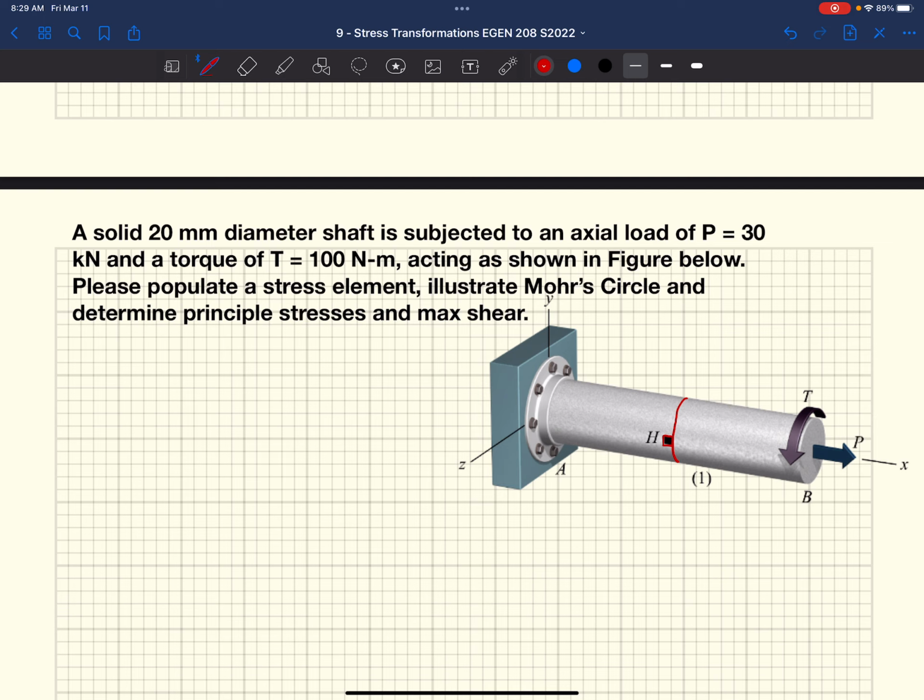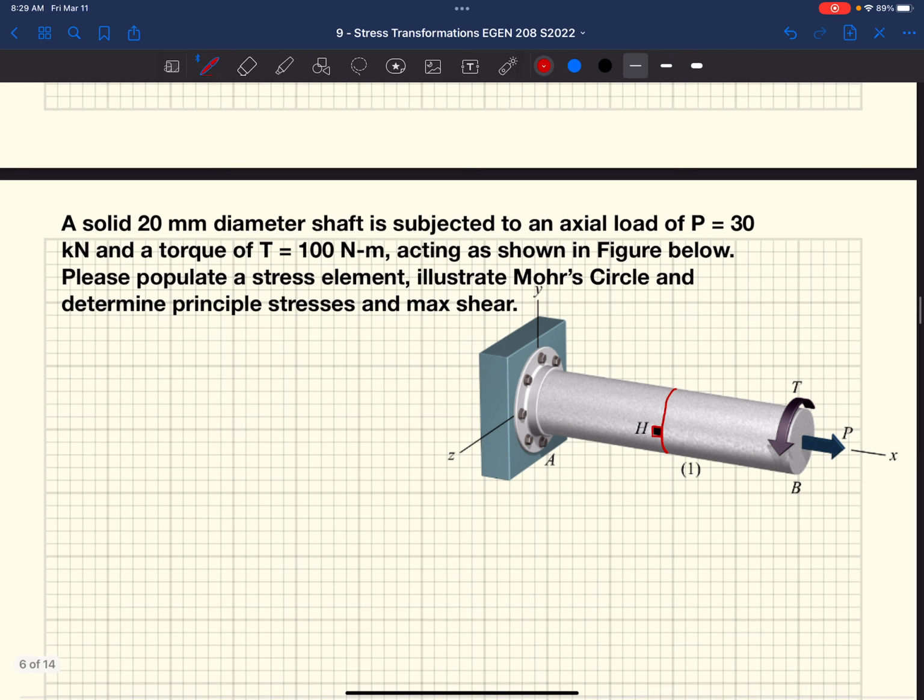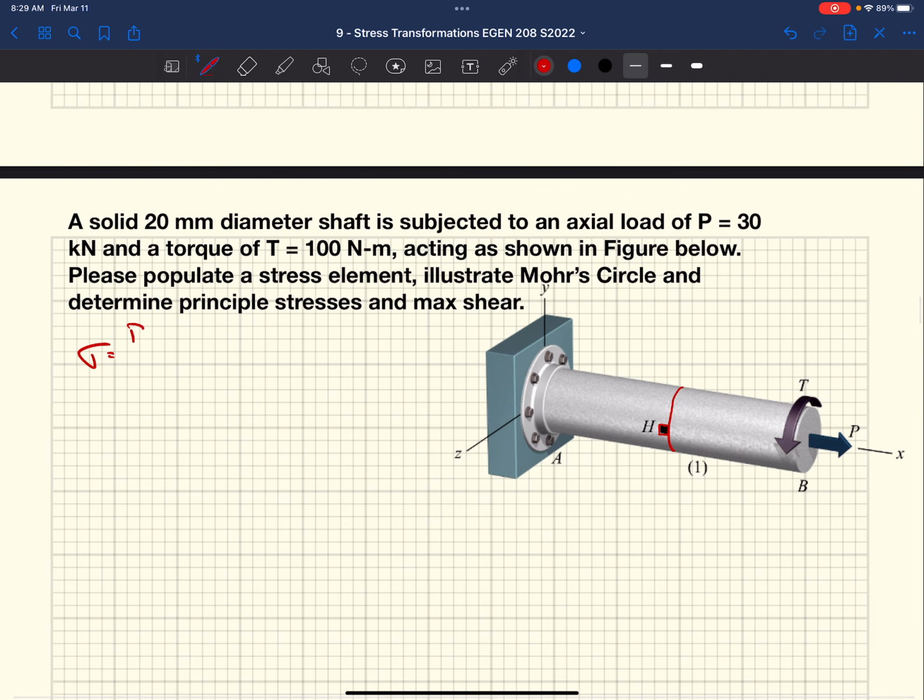So if we have an axial load, we're going to have an axial stress, and we know that stress is force over area. I'm going to say that our diameter equals 20 millimeters. That's up here, a 20 millimeter diameter shaft.